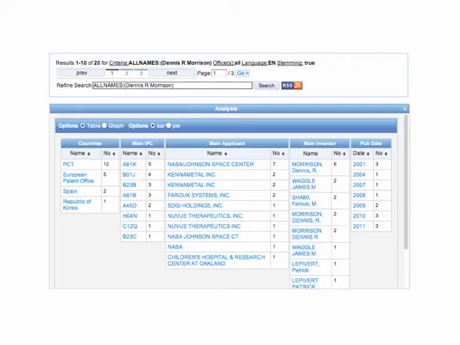And I find that he has all of these patents there as well. So, let's see. We have 12 in PCT. It's basically like the United States. He has 5 European patents. He has 2 in Spain and 1 in the Republic of Korea.